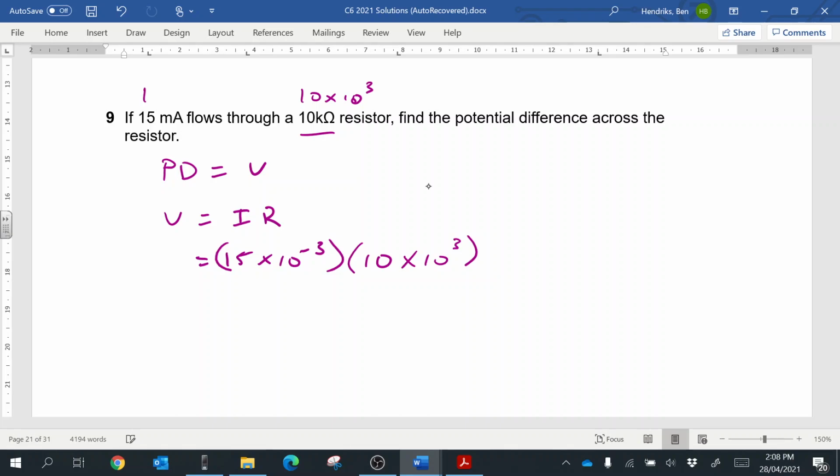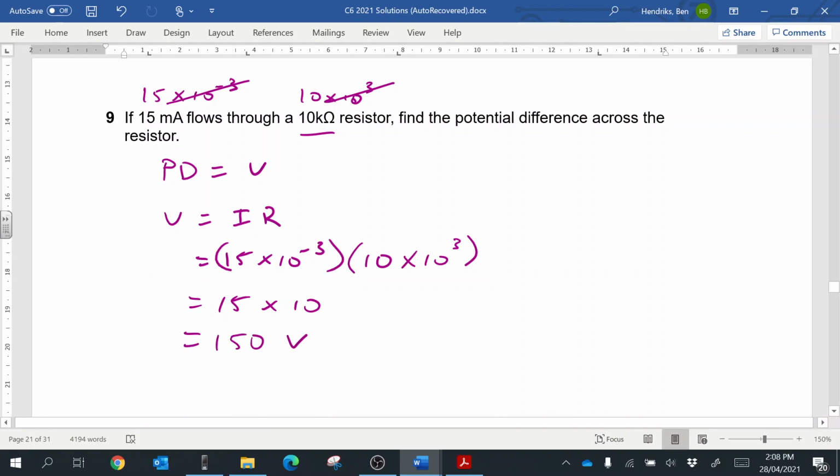And this is 15 times 10 to the negative 3. If you multiply them together, then 10 to the negative 3 cancels out with 10 to the 3, so you end up with 15 times 10, which is equal to 150 volts. Okay, great. We'll leave those ones there.